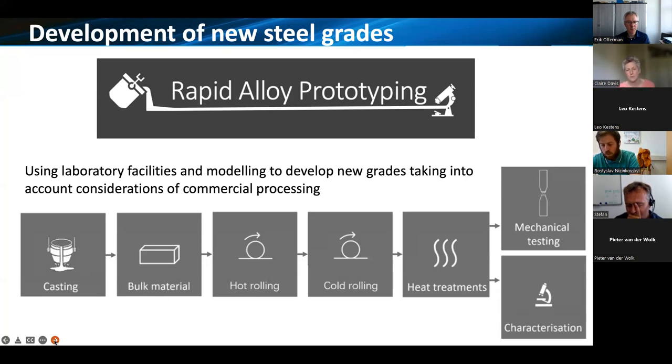But for some of the grades, like the dual phase steels that we're talking about here in strip, we actually do need to consider the whole process when we go through those developments. So our rapid alloy prototyping, very similar to many that are available, needs this careful consideration of each of these processing steps to make sure that we replicate the important features from production that we want to consider. So we don't have to consider everything for every grade, but for some we certainly do.